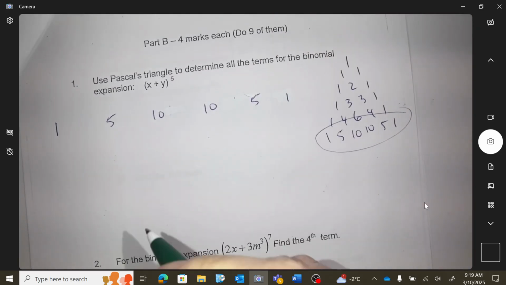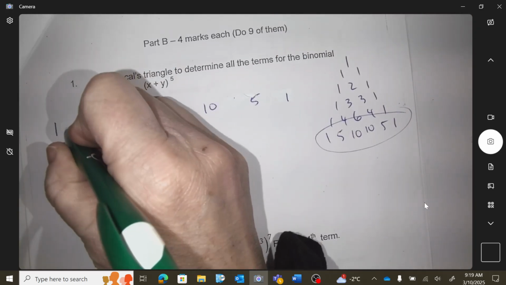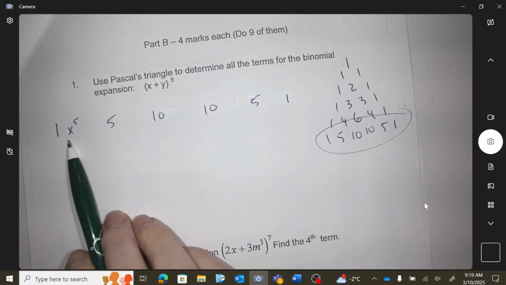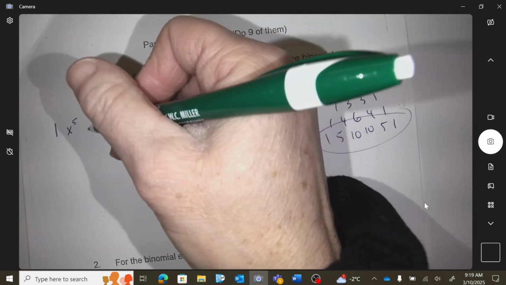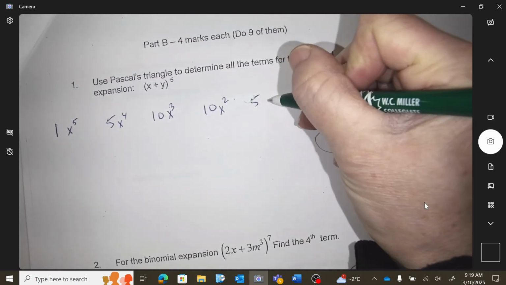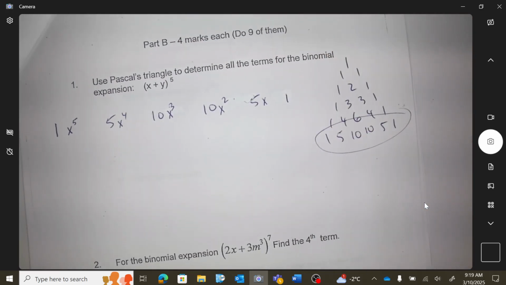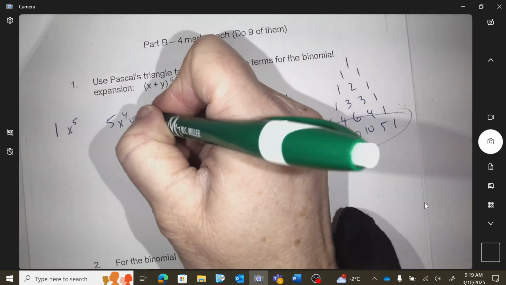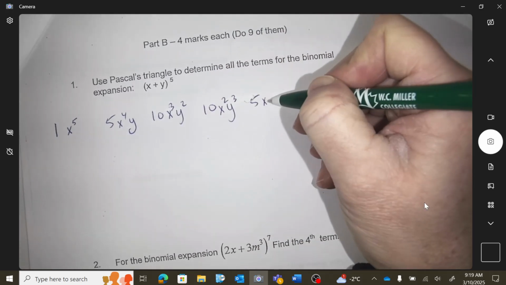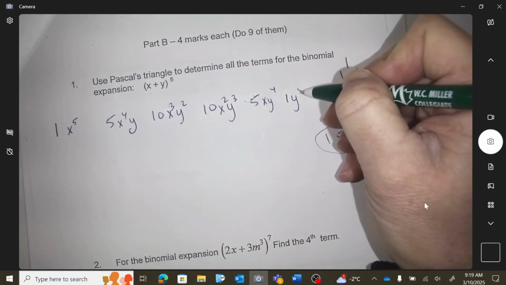Six terms. The first term has x^5, then this would have an x^4, an x^3, an x^2, an x, and then no x's. And then no y's, y, y squared, y cubed, y^4.